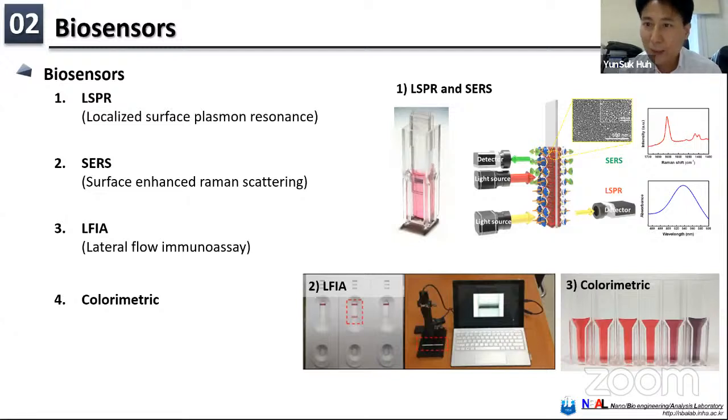You can imagine a pregnancy test. You just drop urine on it, and we can simply figure out if you're pregnant or not by discriminating the color changes with your naked eye. Five or 10 minutes is enough. That is one of the portable and on-site detection techniques. And colorimetric changes are commonly used as a tool to monitor harmful substances, so on-site detection is possible.